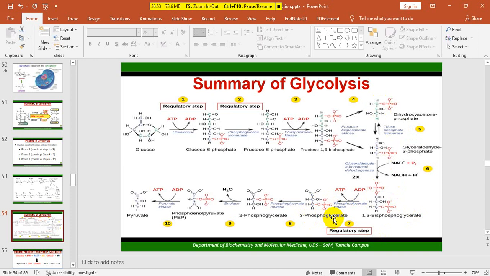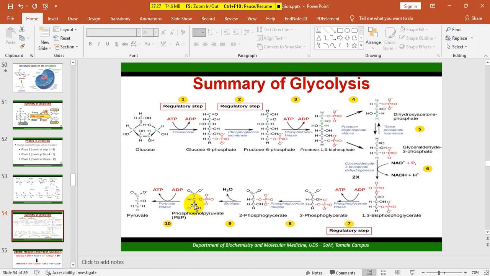So we have 3-phosphoglycerate. Phosphoglycerate mutase will mutate it, causing a change in the molecular arrangement, bringing the phosphate group to carbon 2. The phosphate group is on carbon 3, and it will be sent to carbon 2, making 2-phosphoglycerate. Then enolase will add a double bond to the 2-phosphoglycerate to produce phosphoenolpyruvate.